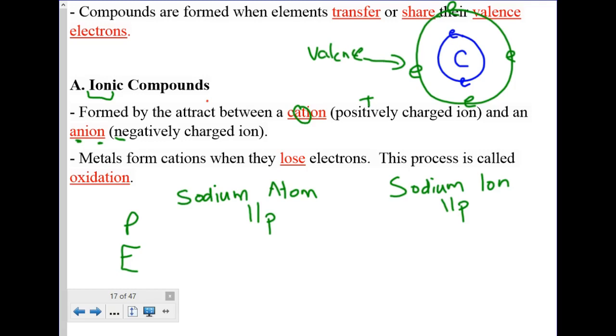What changes is the number of electrons. The atom, by definition, is neutral. That means if it has 11 protons, it must have 11 electrons. Protons are positive, so if I have positive 11 plus negative 11, and I add up those charges overall, I get 0.